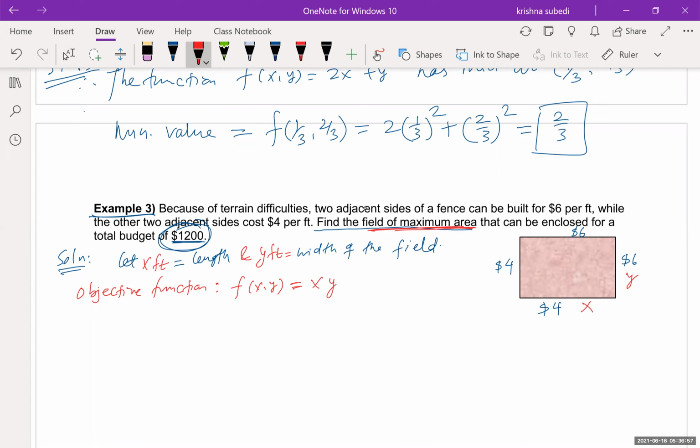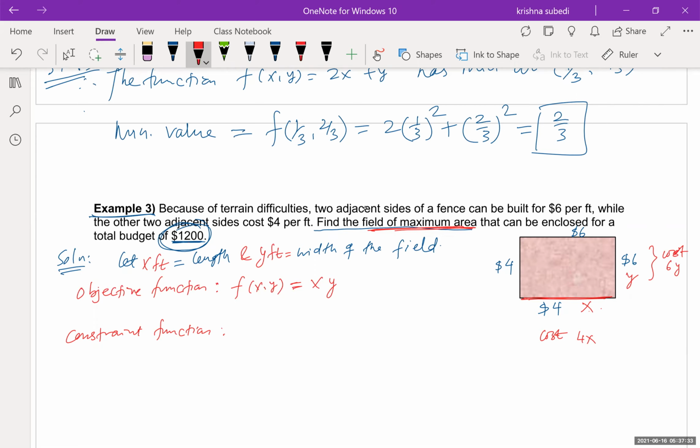Now, what is the constraint function then? The constraint is that the total cost is $1,200. Let us find the cost here. For this side, it costs $4 for 1 foot and the length is x feet. Therefore, the cost for this side is 4x. The cost for this side is 6y. In the same way, you can calculate the other sides.